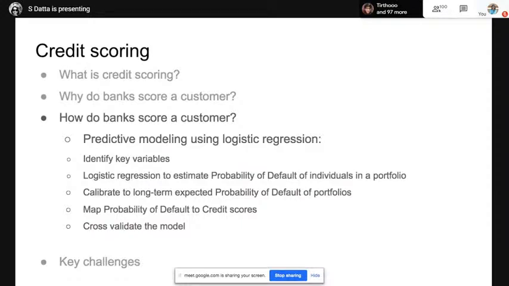One interesting thing is that when you're actually applying for a new credit card or a new loan, the banks don't have any information about you. They can't see your past transactions because you're a new customer.